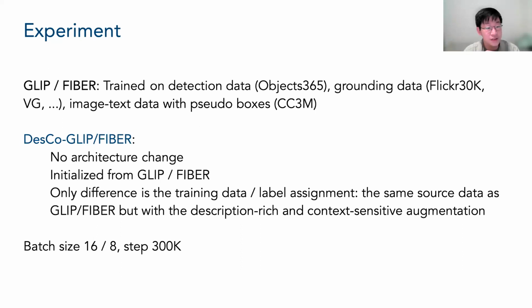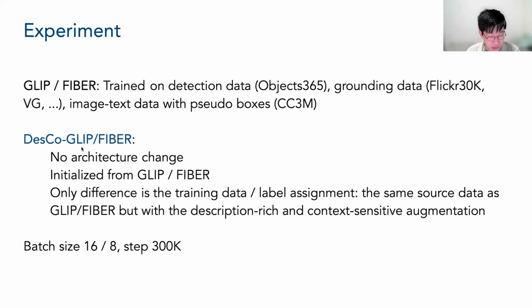For the experiments, we have the original GLIP, and there's another follow-up to GLIP called FIBER, which I won't introduce, but it's the same class of models as GLIP with much better performance. They are both trained on detection data, grounding data, and the pseudo label data I mentioned. For training our version, we call it DesCo-GLIP or DesCo-FIBER.